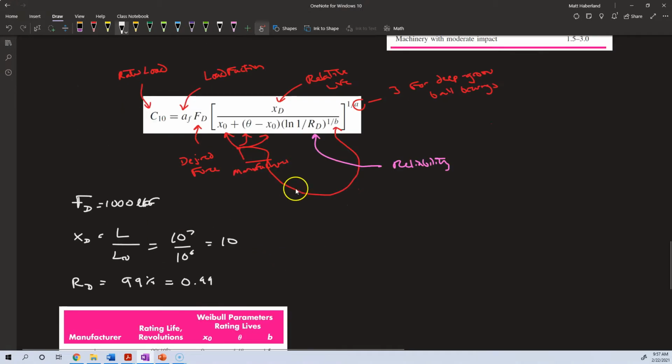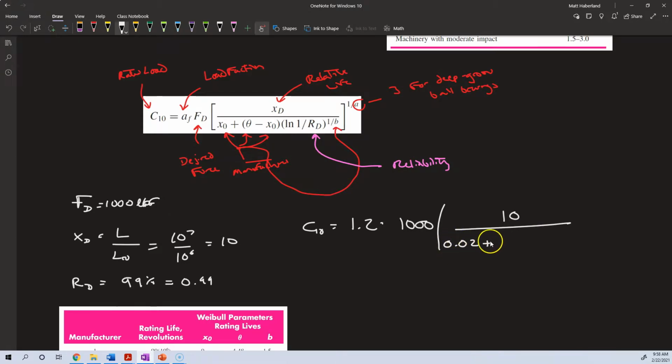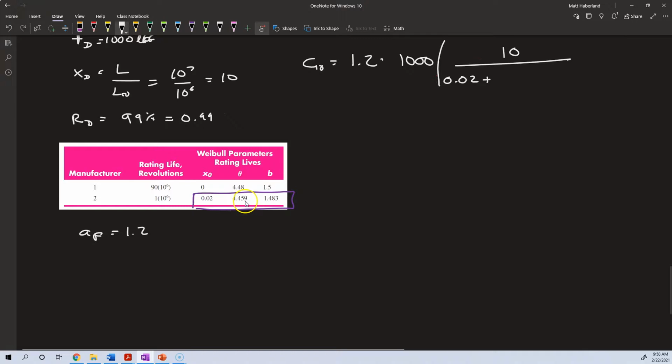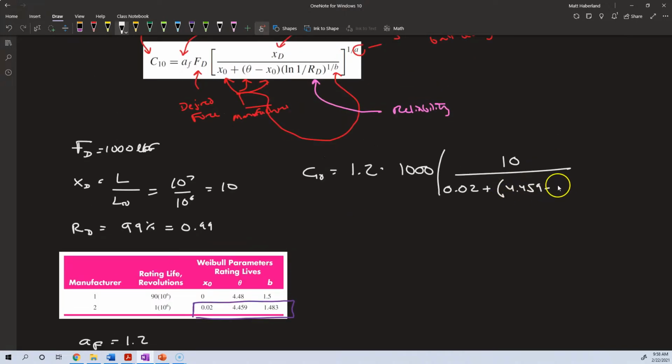And then we could use the equation to find out what rated load we need. So 1.2 times 1,000 pounds, all this times we need a rated life of 10, that is over 0.02 plus 4.459, which gets multiplied by the logarithm of 1 over 0.99, to the 1 over 1.483.